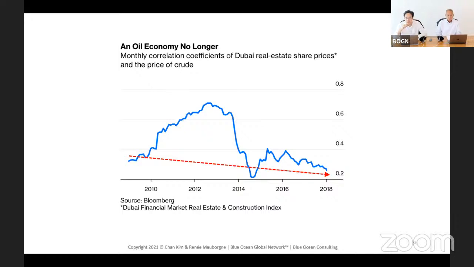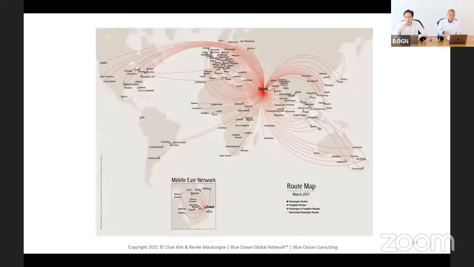But Dubai had another advantage, not just its oil. If you look at this chart here, which is quite recent, it shows Dubai's flight routes. Dubai's national carrier is Emirates, one of the top carriers in the world. These are their flight routes from Dubai to the rest of the world, highly connected, from Europe to Asia, and especially to Australia.